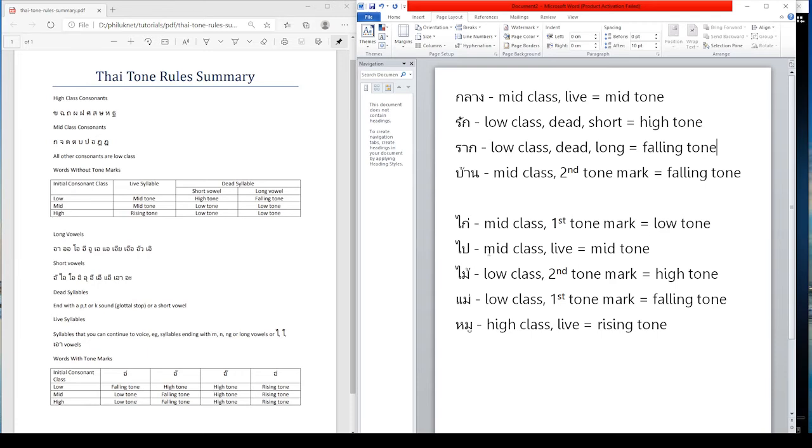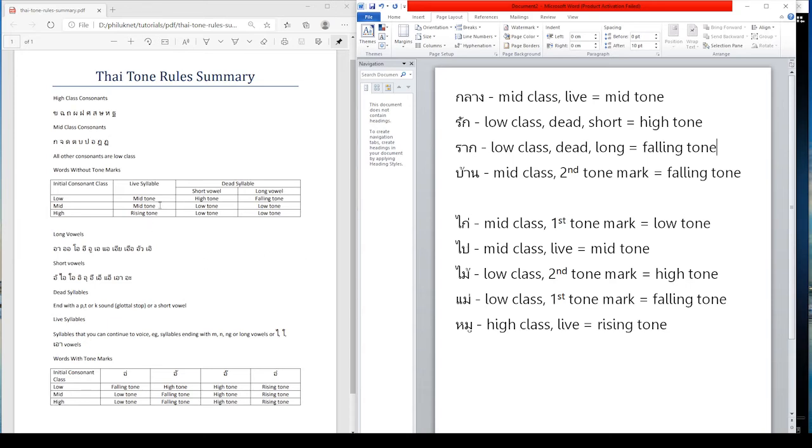Next one, bai, which just means goal. So the bopla again is mid-class, and there is no tone mark. And this sara'ai we actually class as a live syllable vowel. So it's a mid-class consonant and a live syllable.